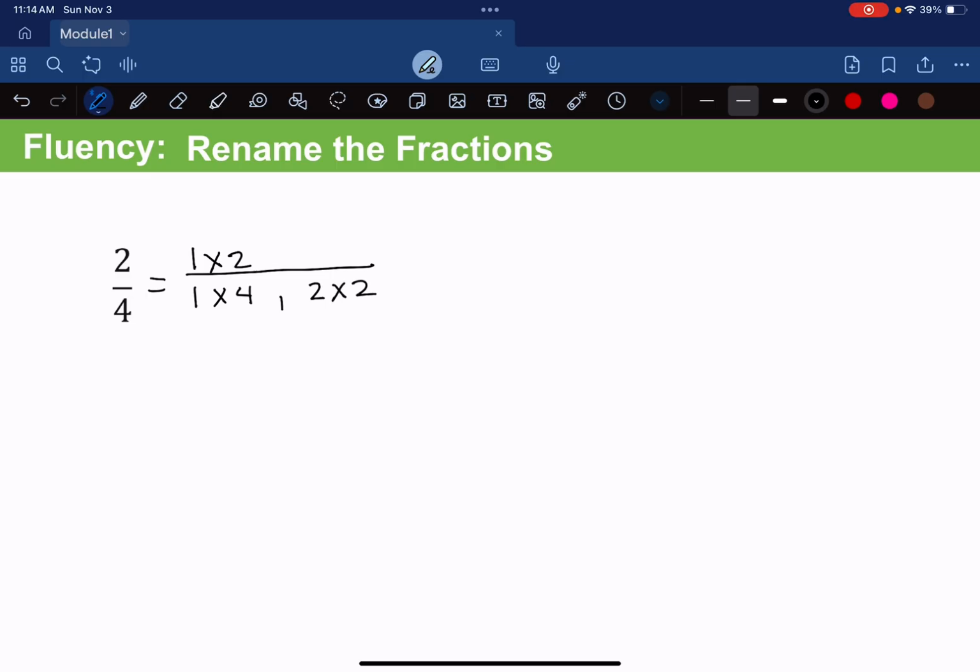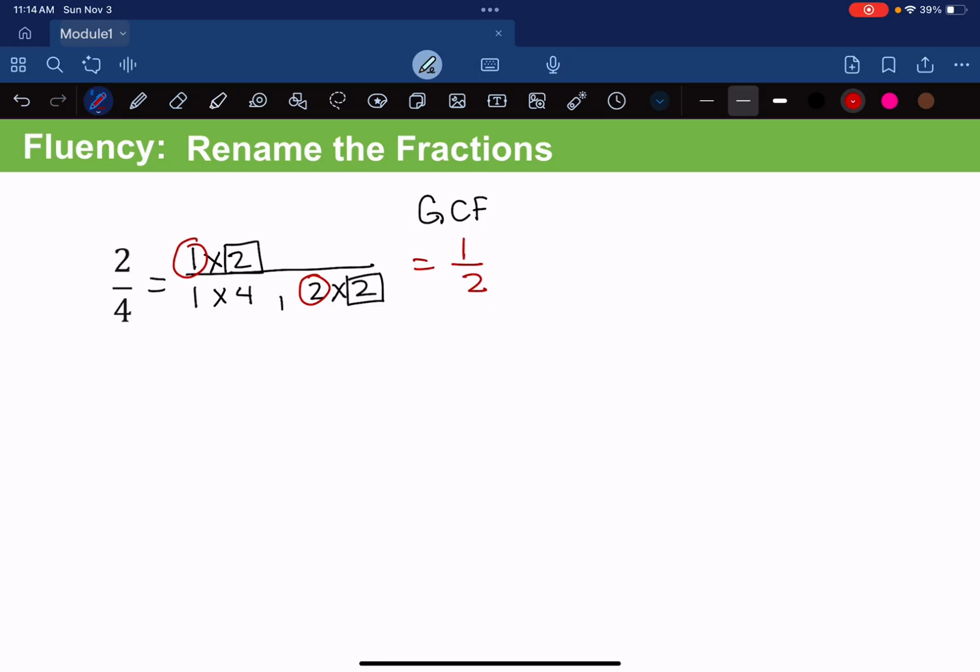And then you want to find your GCF, which is your greatest common factor. They both have a 1 in common. They both have a 2 in common, but 2 is my biggest common factor, my greatest common factor. So I box in my 2. I circle my partner, and my partners are my answer.